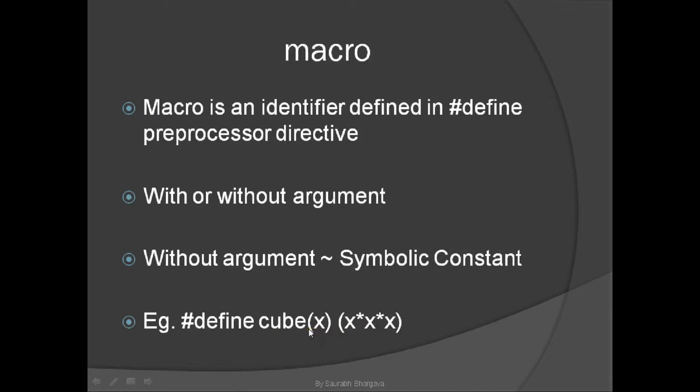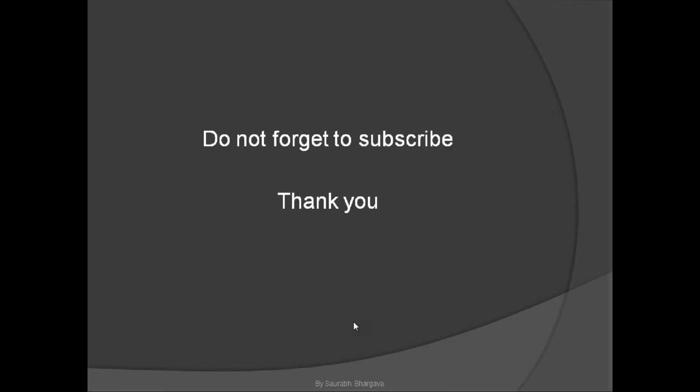So in the program, wherever we write cube of any value, cube of 3, this 3 will be replaced with x, and it will be expanded into 3 into 3 into 3. Then we will get the result of this. That's all for the preprocessor.